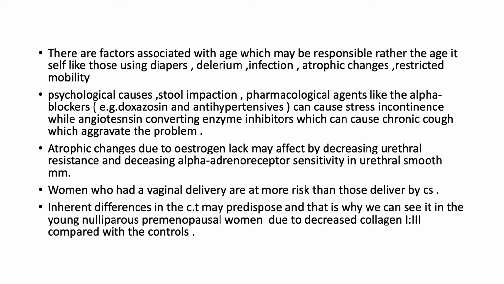We said the atrophic changes due to estrogen deficiency will lead to decreased urethral resistance and increased incontinence. And women who have vaginal delivery are at more risk because of the damage to the floor here. And also we talk about the inherent factor.